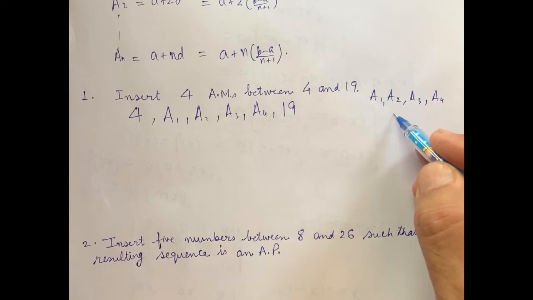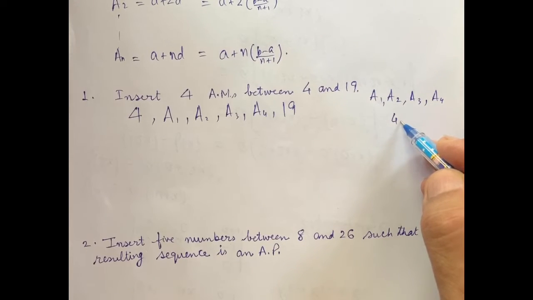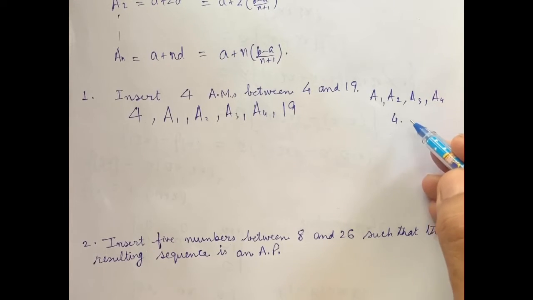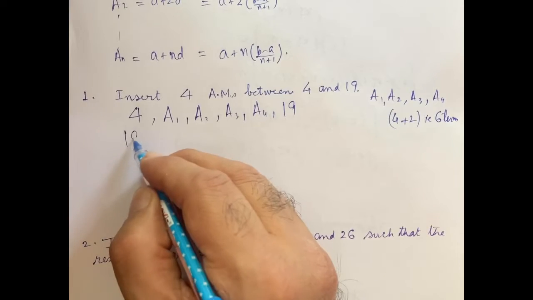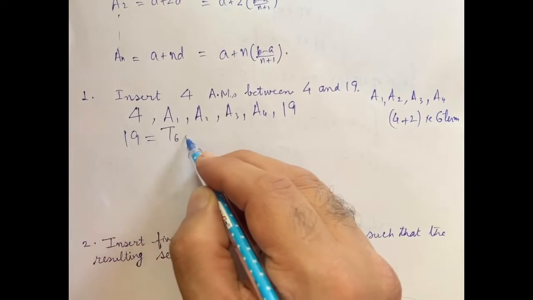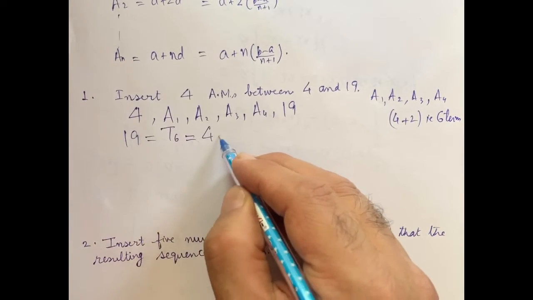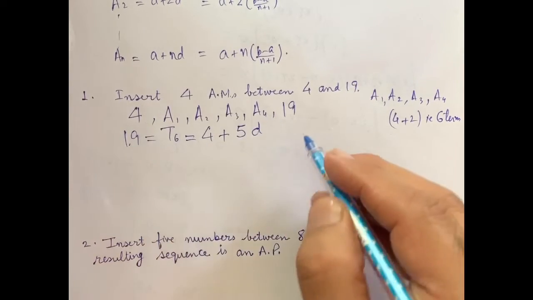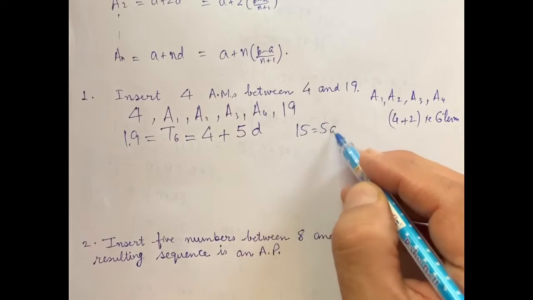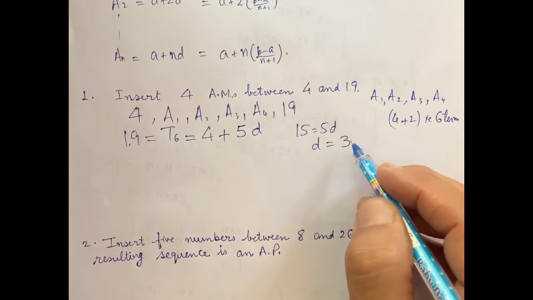Now we have 4, and this will be 4 plus 2, so that is we have 6 terms. So what is 19? 19 is the 6th term. First term is 4 plus (6 - 1), 5 times d. 19 minus 4 is 15. So this gives us d equal to 3.